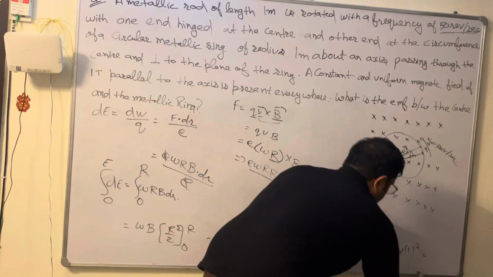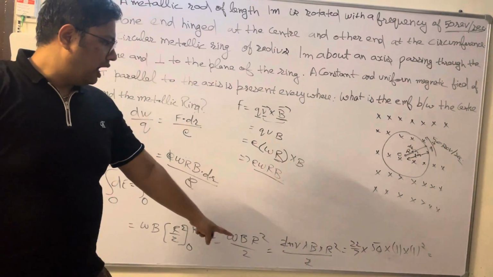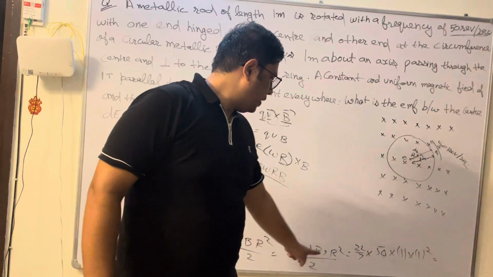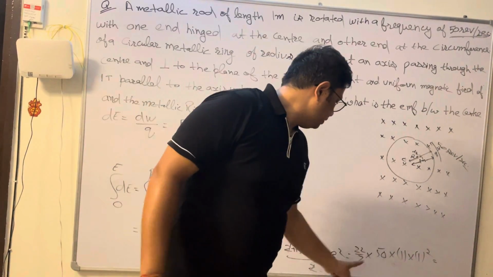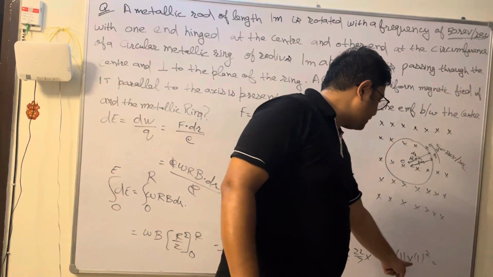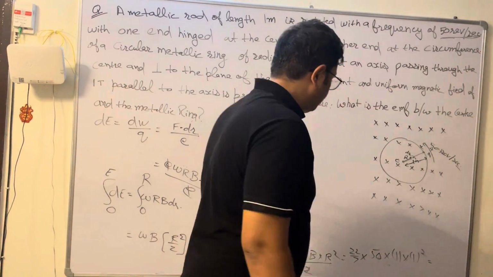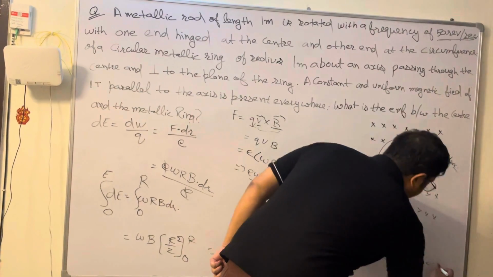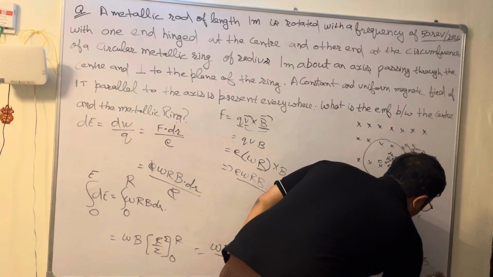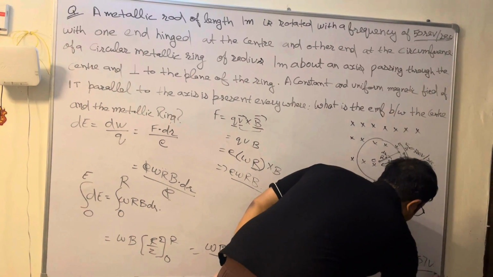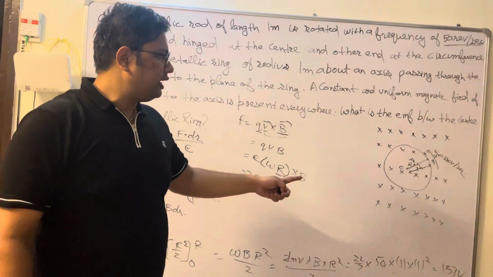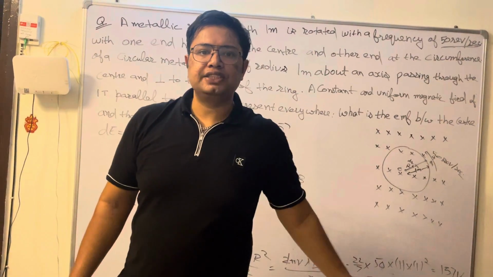Here nu is 50, pi is 22 by 7, B is 1, and R, the radius of the ring or the length of the rod, both the same, is 1. When I solve this, I get 157 volts. So this is the answer: the EMF between the center and the circumference of the ring is 157 volts.